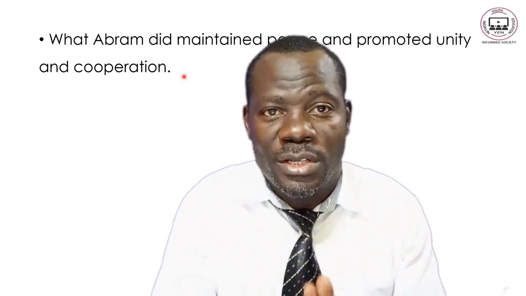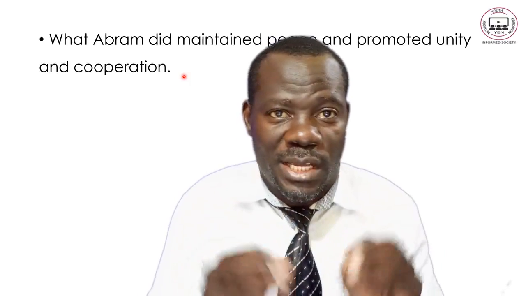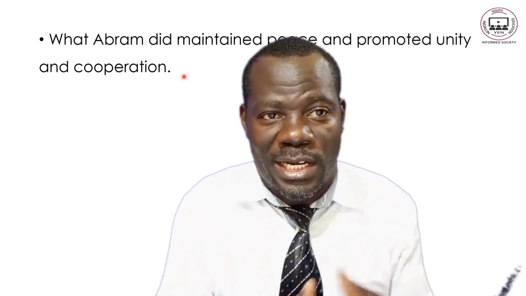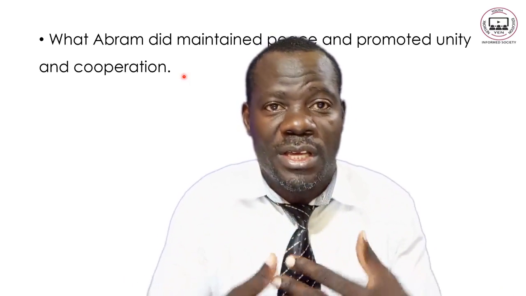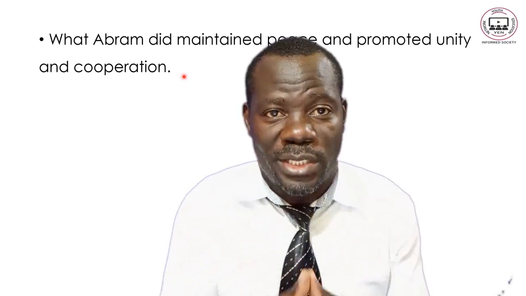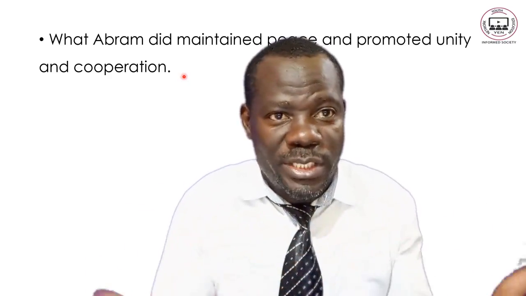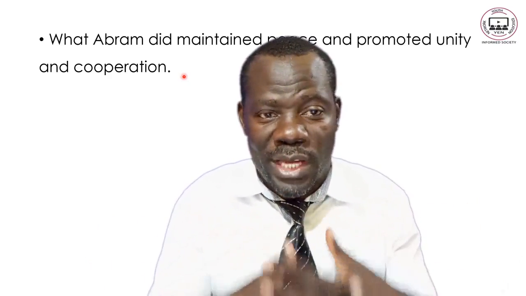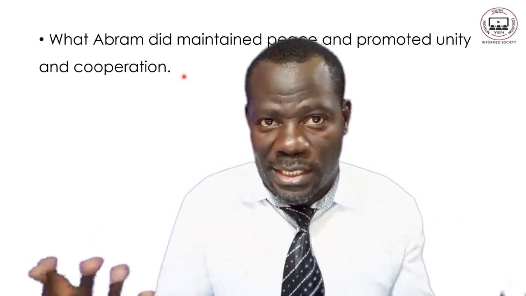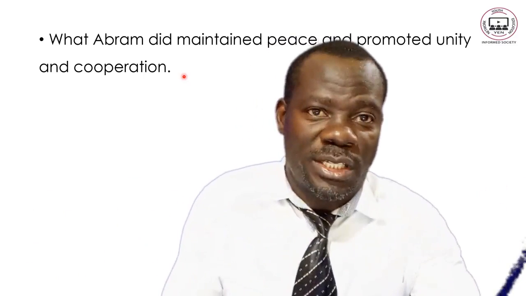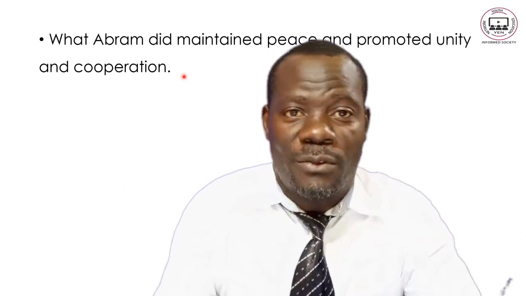So that's the way to solve the conflicts when they arise. There has to be peace. We have to promote unity and cooperation, knowing that if conflicts are resolved peacefully, people are going to be united, no matter that there was that conflict. So in the family, we have to take an example from Abraham.